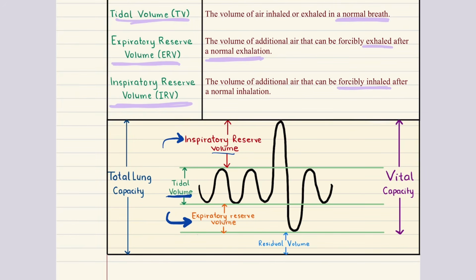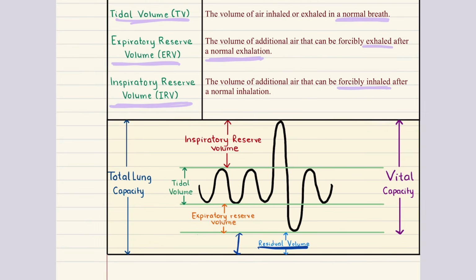Together, these three, tidal volume, IRV, and ERV, make up your vital capacity, and that represents the full range of air that you can move in and out when you try your hardest. Now, below that, we see the residual volume, which is the air that always remains in the lungs, even after the strongest exhale.